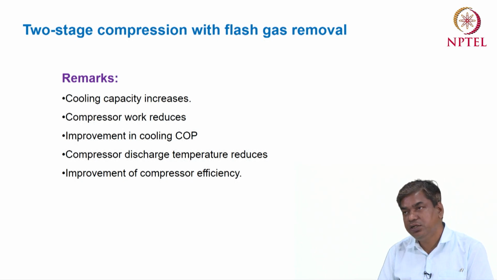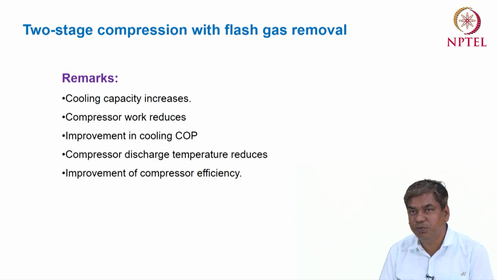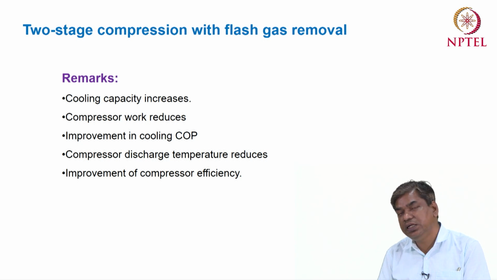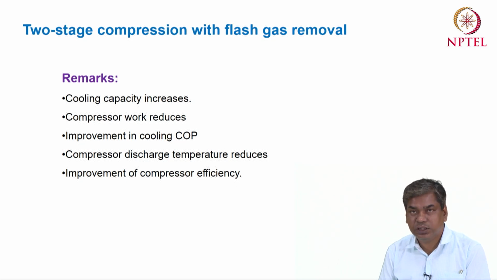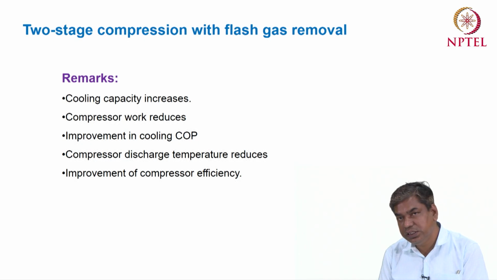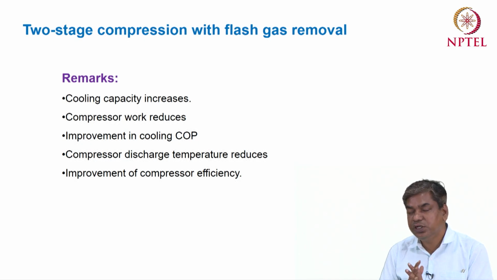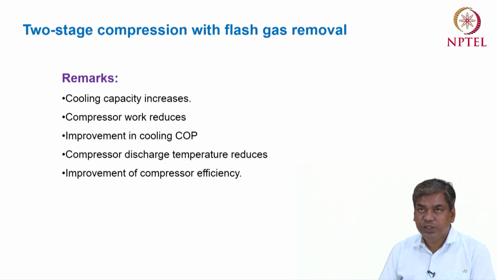Okay, so due to the increase of isentropic efficiency of the compressor in a two stage compression, again that will give a reduction of compressor work. So due to these two effects, ultimately we will see that your compressor work may be significantly reduced by using the two stage compression with flash gas removal.